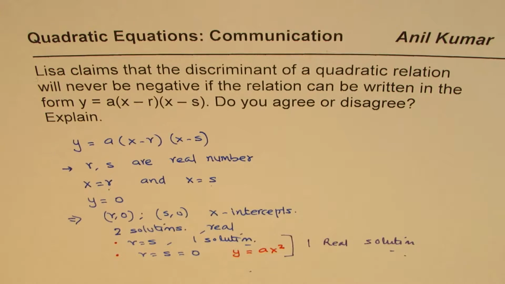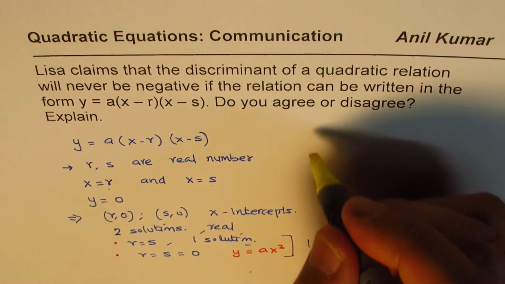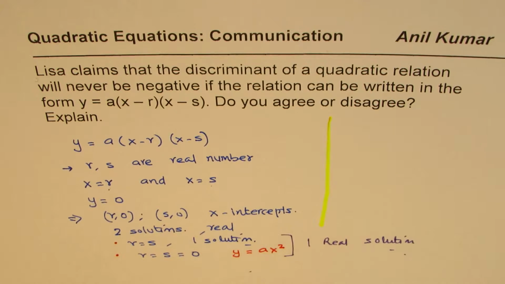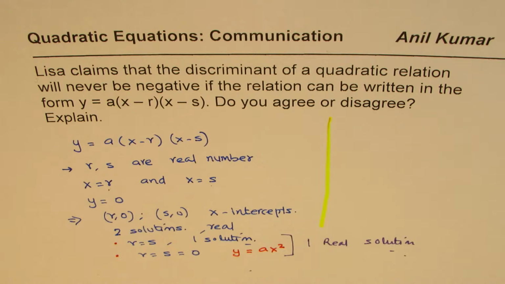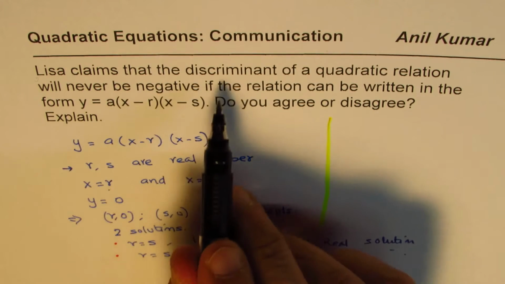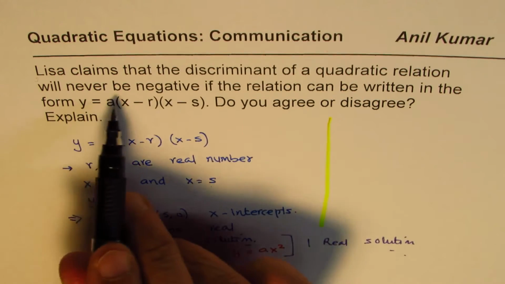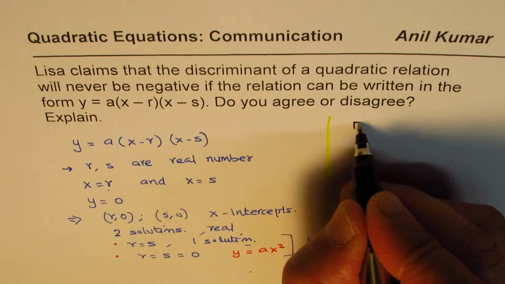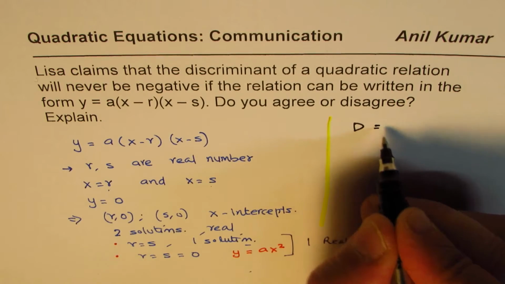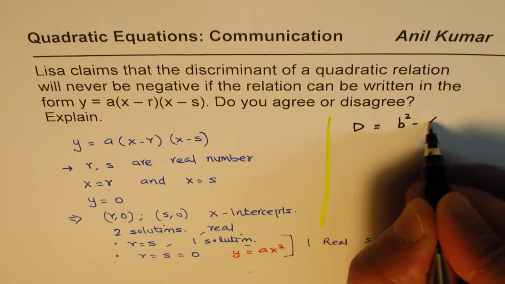Let's look into the question once again to answer. I'm taking my time so that you get your time to answer this question also. Lisa claims that the discriminant for a quadratic relation will never be negative. The discriminant D is b squared minus 4ac.